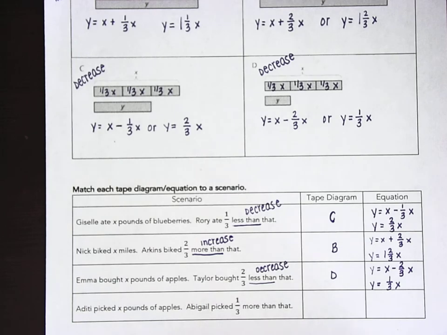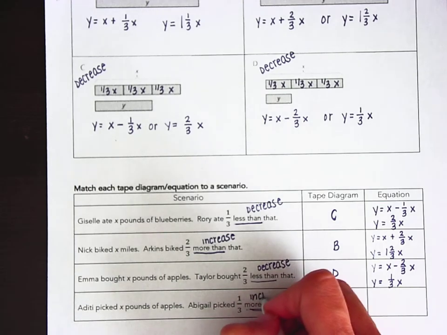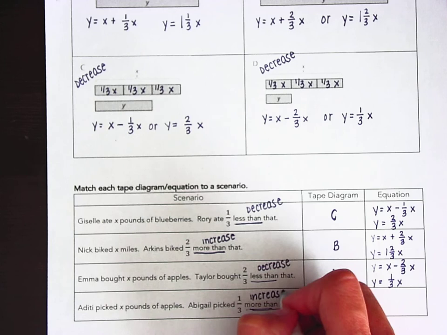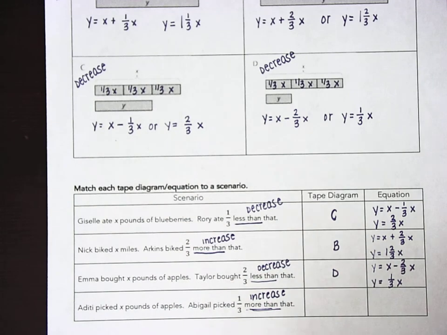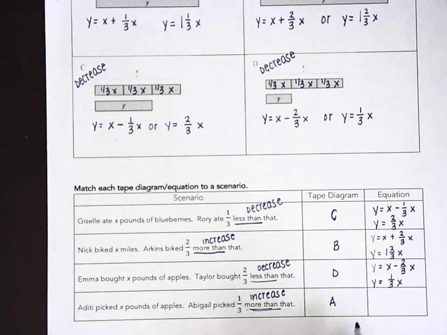Last but not least, Aditi picked X pounds of apples and Abigail picked 1/3 more than that. Again, more than that signals that this is in fact going to be an increase. And since we only have one tape diagram left, we know it's going to be tape diagram A. But just to prove that, again, this is an increase by 1/3.